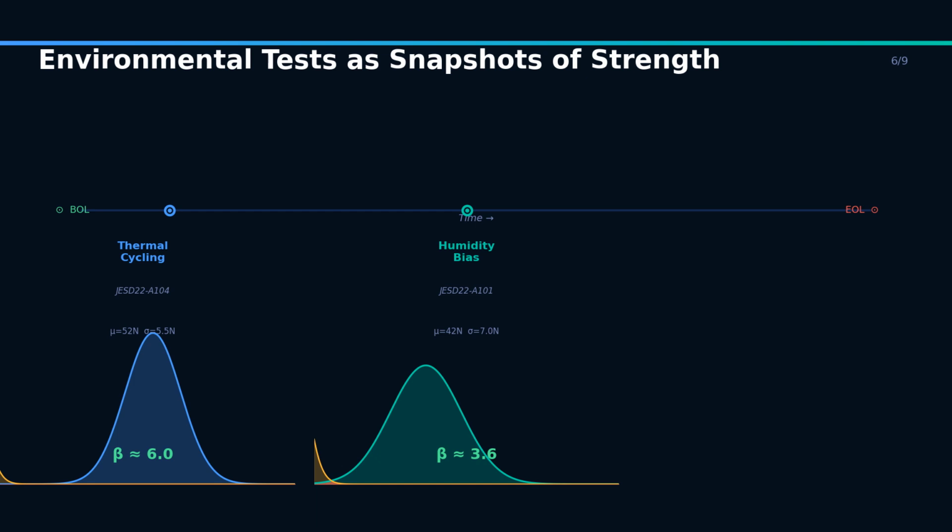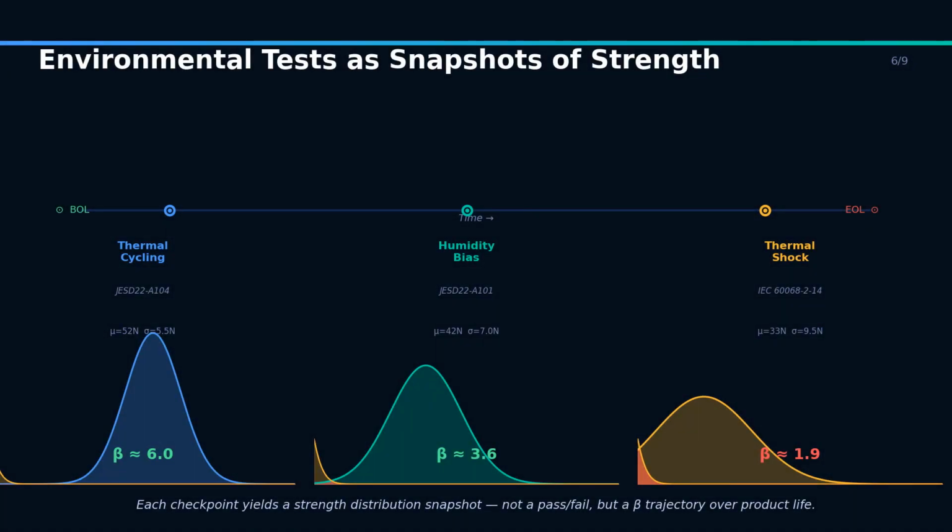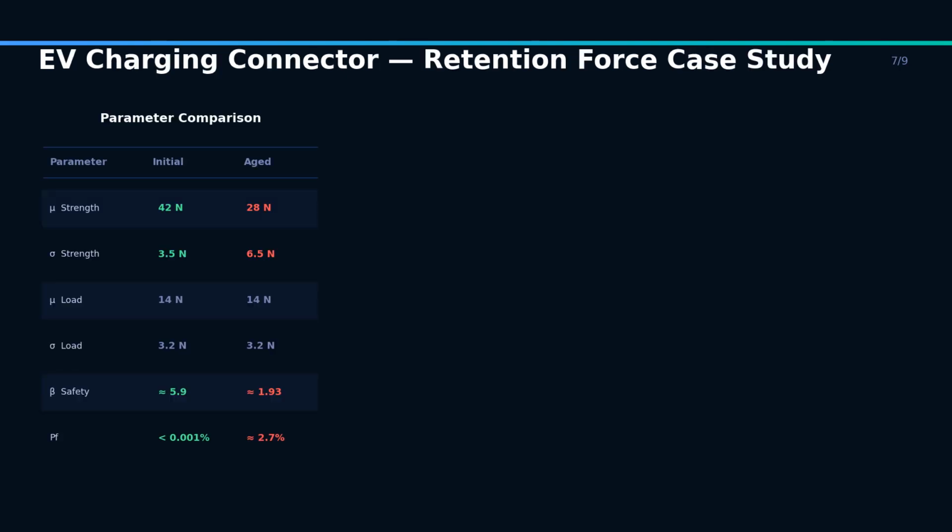Used correctly, ALT does more than produce a failure time. It shows how the strength distribution evolves so we can project when it will begin to interfere with the load distribution in the field. Standard environmental tests should be treated as degradation checkpoints, not simple gate reviews.